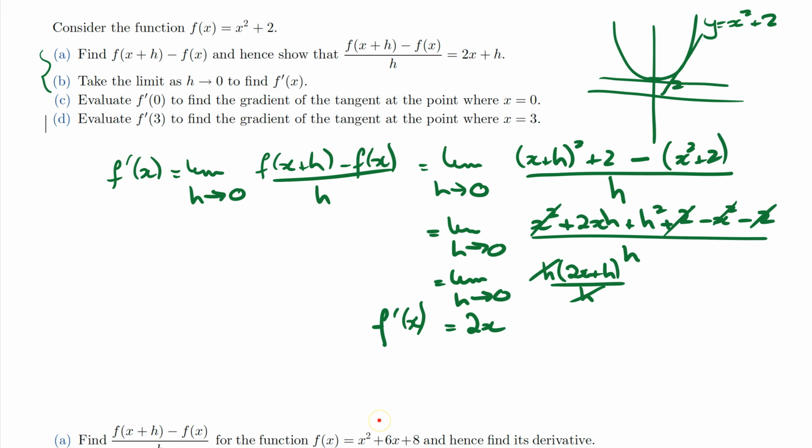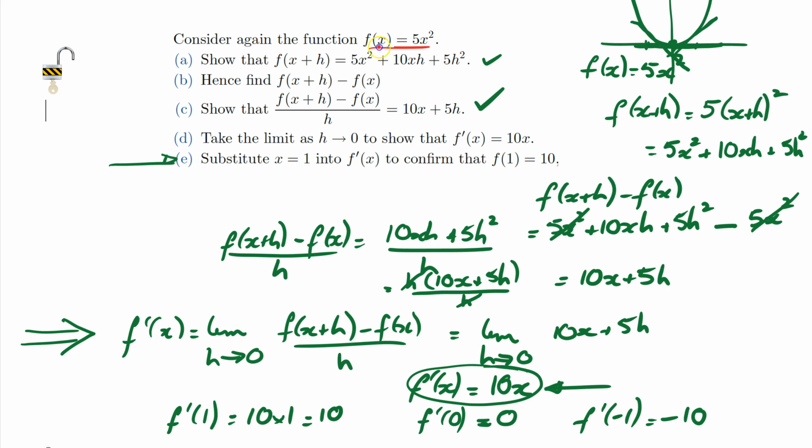I'm going to give you a little bit of hope for the future, in that we don't have to do this all the time, but we do have to know how to do it. And that is that in future, to find the derivative, we'll work the pattern which I'm sure some of you have picked up already. So when this was the function, x squared plus 2, the derivative was 2x.